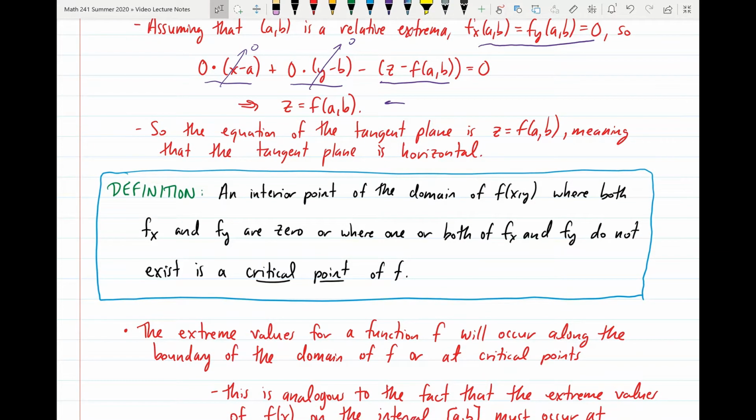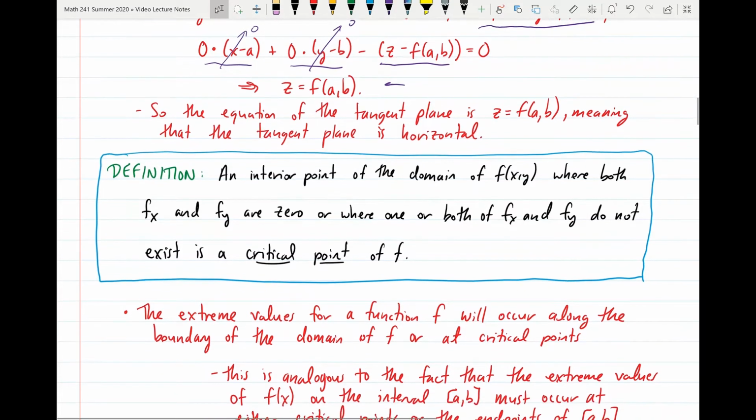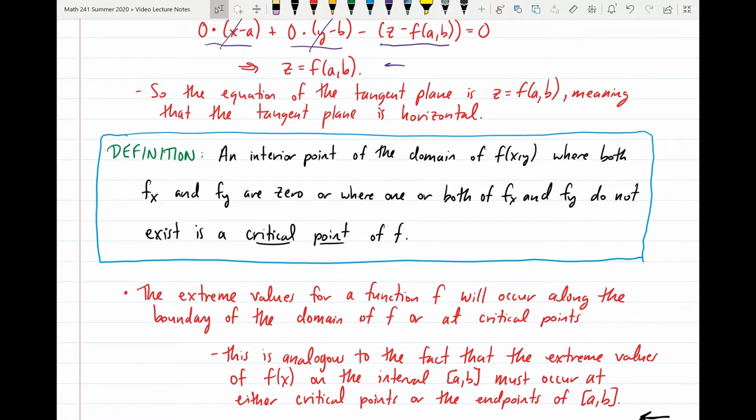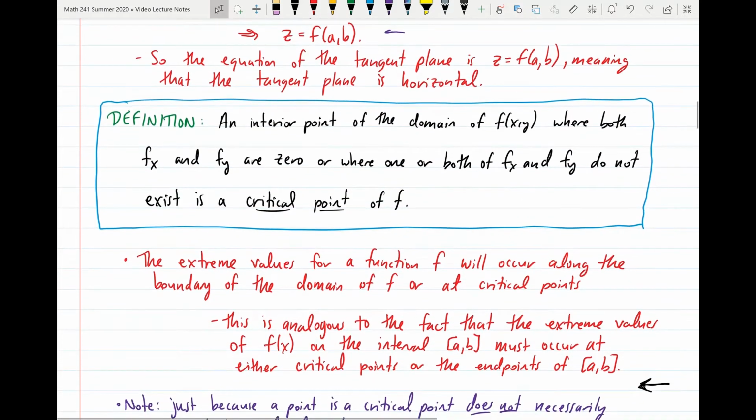So the equation of the tangent plane is z equals f of (a, b), meaning that the tangent plane is horizontal, which is what we expected. So the fact that the tangent plane is going to be horizontal at our relative extrema is analogous to the fact that the tangent line is horizontal at our relative extrema in the case of single variable functions.